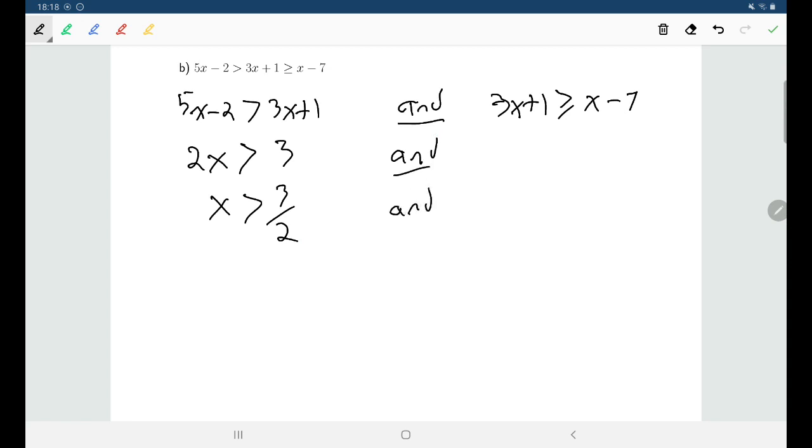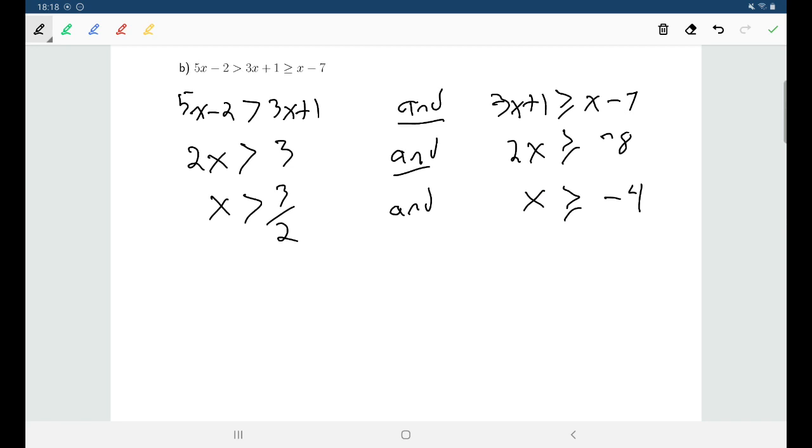And for the second one, I'll do the same sort of thing. I'll bring the x over to the left side. That gives me 2x. And I'll bring the 1 over to the other side. That gives me negative 8. I'll divide both sides by 2. And I have x must be greater than or equal to negative 4.